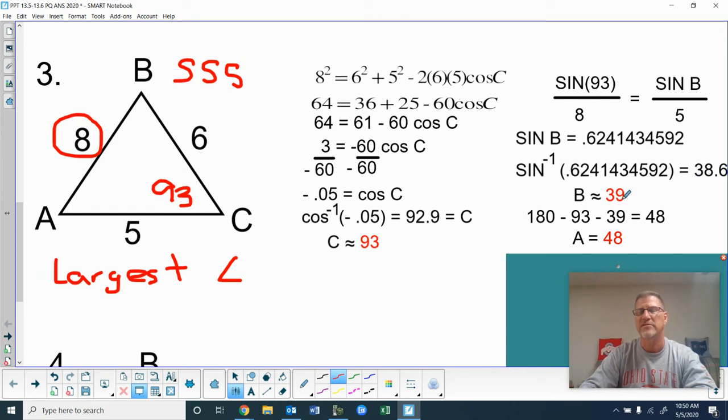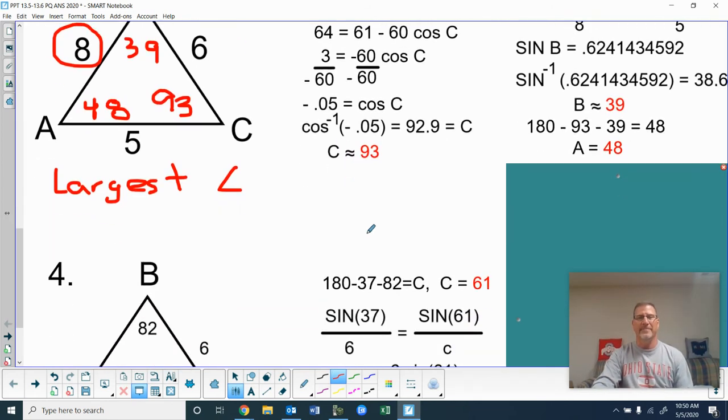That's 38.6. So angle B is 39. And then 180 minus 93 minus 39 will give us angle A, which would be 48. So there's my 3 answers. Again, rounding to the nearest whole number. Okay, so there's number 3.